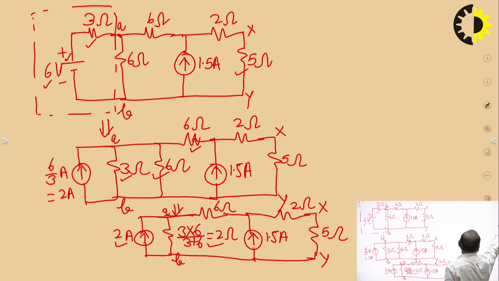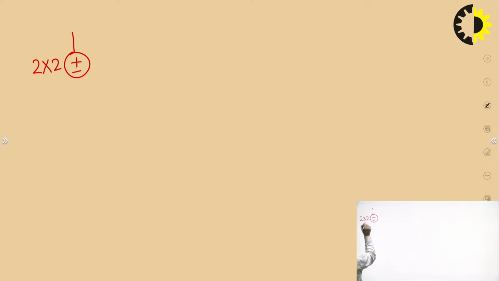In the next slide, I will take it. We will be having a voltage source which is having a voltage of 2 into 2, since 2 ampere current source is in parallel with 2 ohm resistance. So, this voltage will become 4 volt and 2 ohm resistance will be in series now with this.